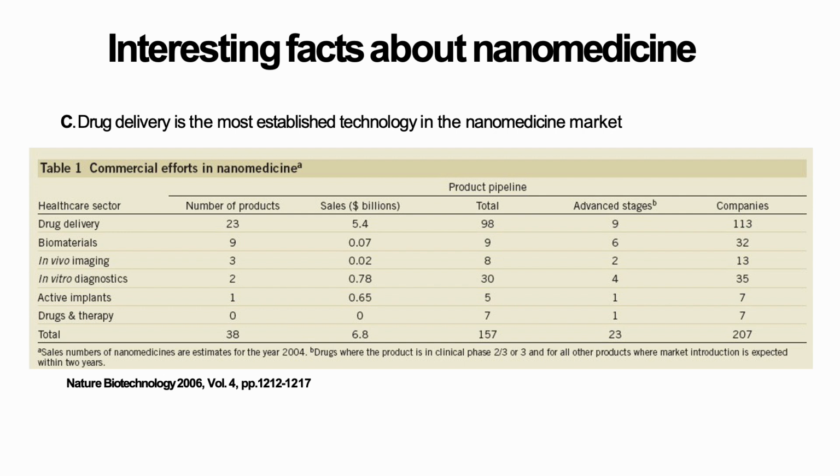For drug delivery, we have 23 medicine products for sales of $5.4 billion. In total, in the pipeline, we have 98 products for delivering drugs. And then we have about 113 companies working on drug delivery systems using nanotechnology. And of course, this is as of the year 2006.